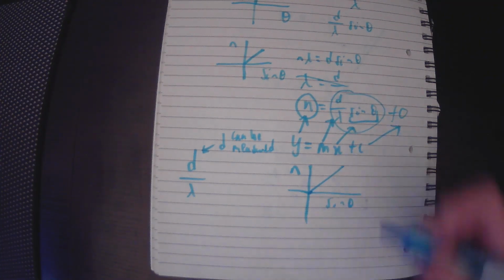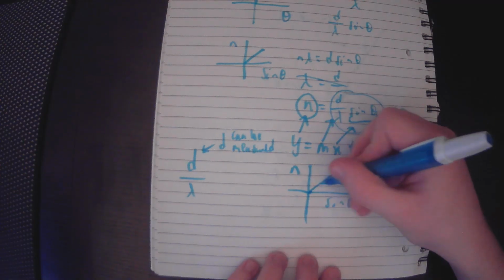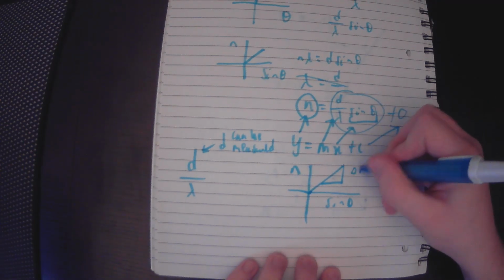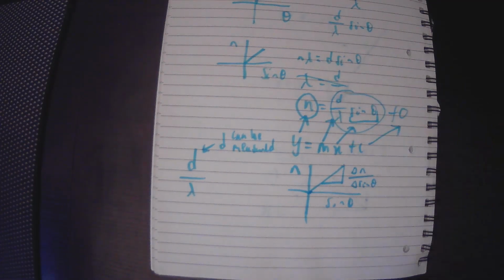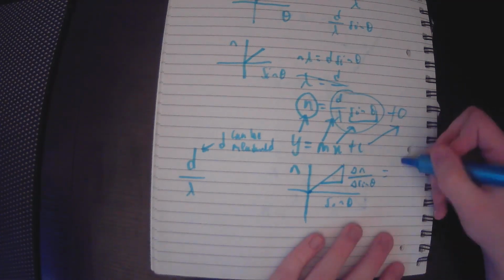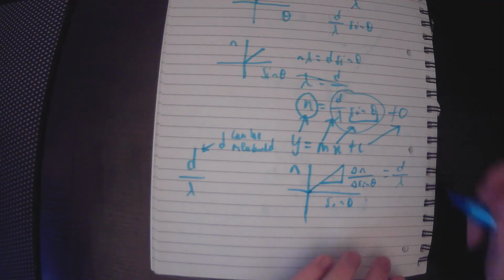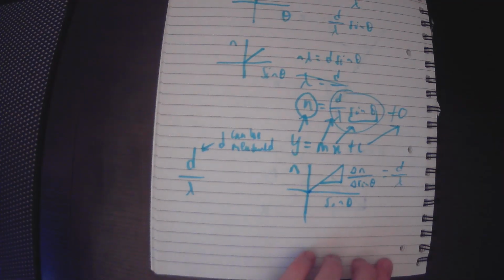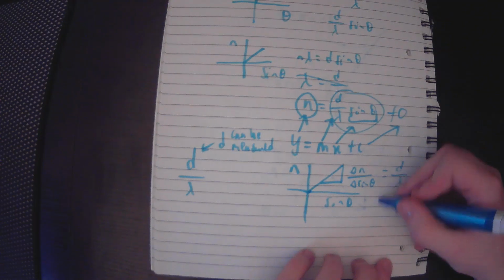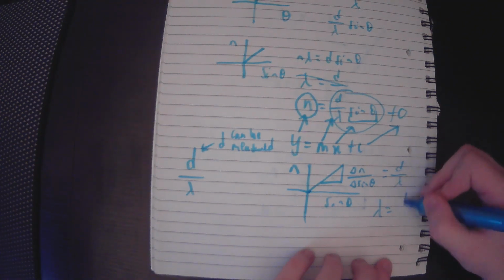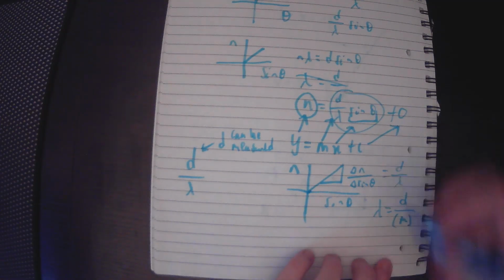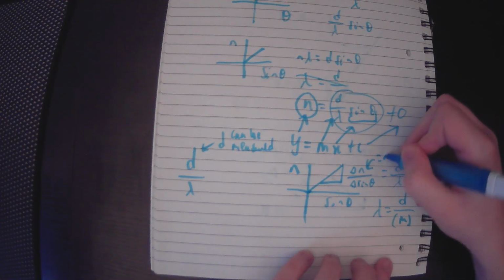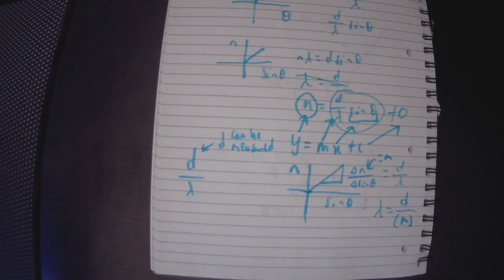and therefore you can determine that delta n over delta sine theta, so that's the same as change in y over change in x, equals d over lambda. D is a known term, so you can rearrange it to find that lambda equals d over what I'm just going to call m, which is the same as delta n over delta sine theta.